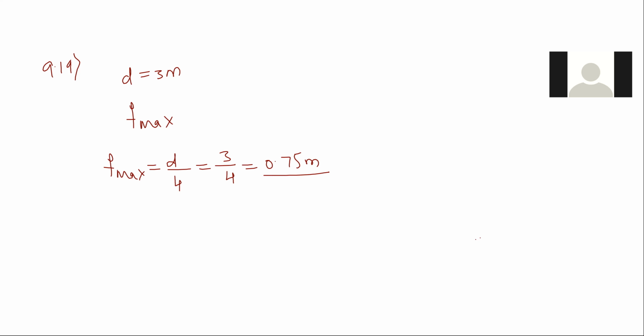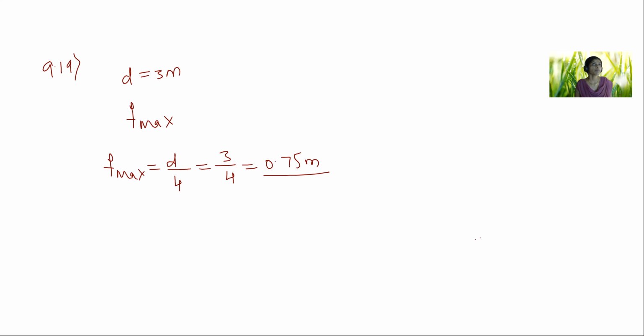For a real image, maximum focal length is given by the formula F maximum is equal to d divided by 4. So d value 3 divided by 4, and simplifying we get 0.75 meter.